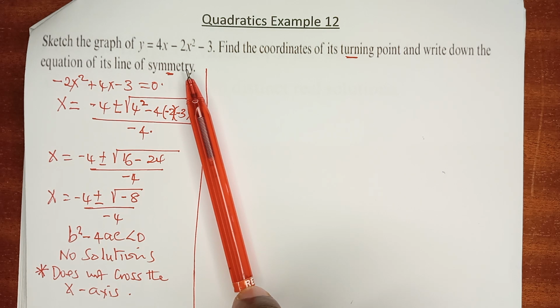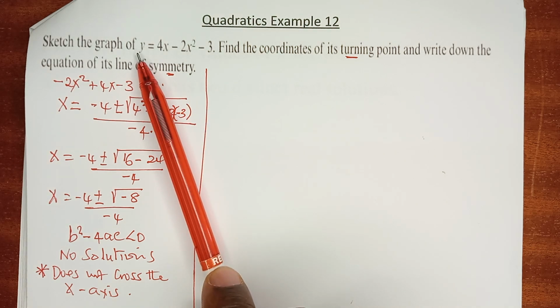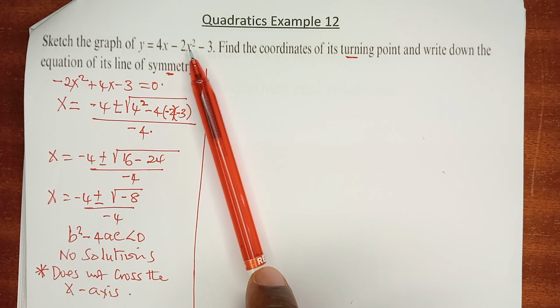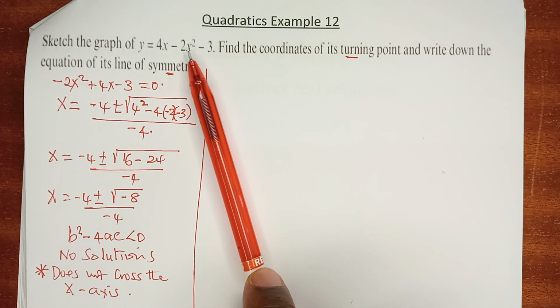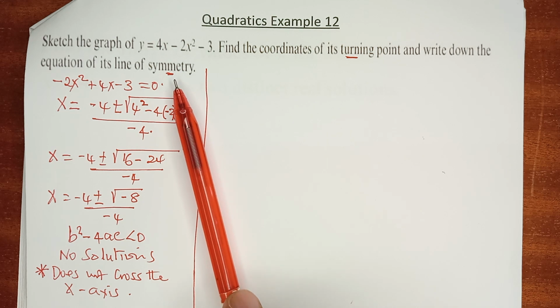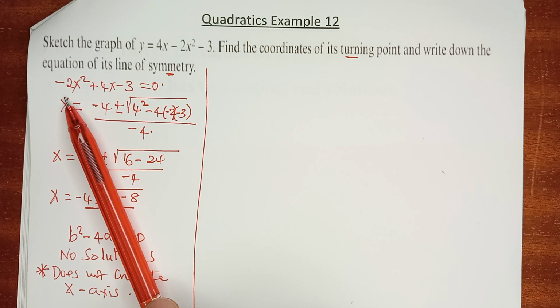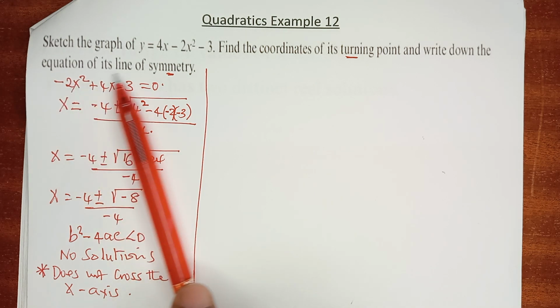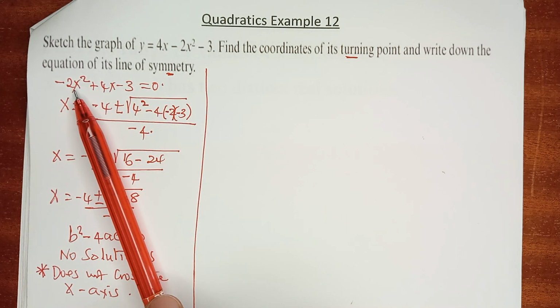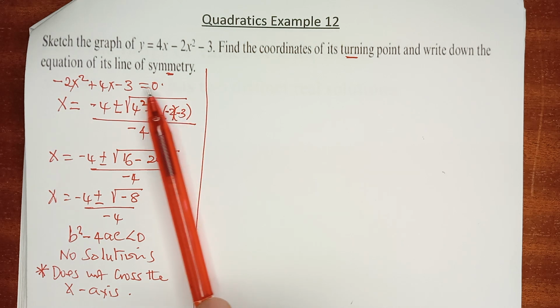We only solve this quadratic equation when y equals 0, or rather the x-axis intercepts, which are called the solutions or the roots of a quadratic equation. The y-axis intercept is found when x itself equals 0. When we do this, we rearrange the terms, with the x squared term first: minus 2x squared plus 4x minus 3 equals 0.